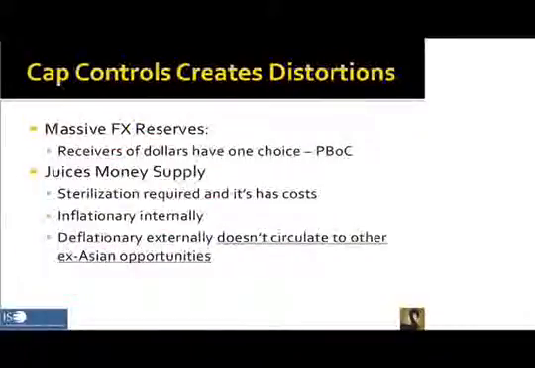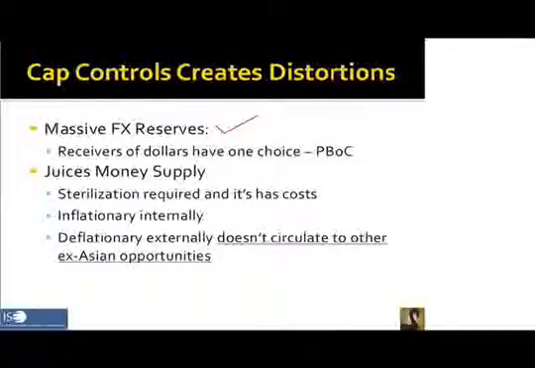So the capital controls really create a lot of distortions. They really create this massive excess reserves. As I said, when you receive a currency and you're a Chinese company or a Chinese individual, and it's not always the case, some institutions obviously reinvest offshore, but they're very tightly controlled and approved by the politicos.